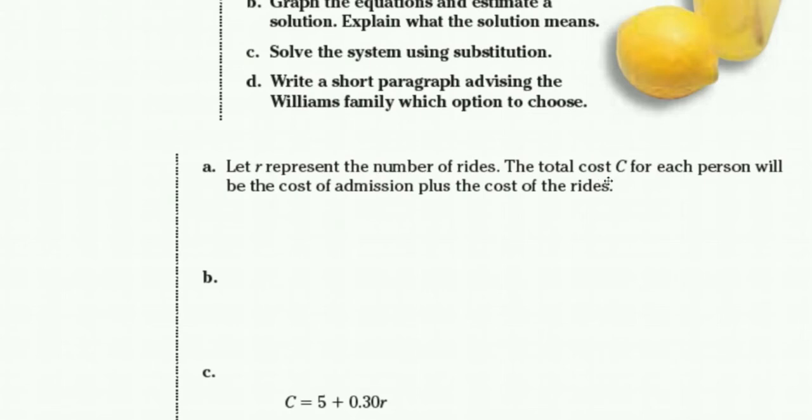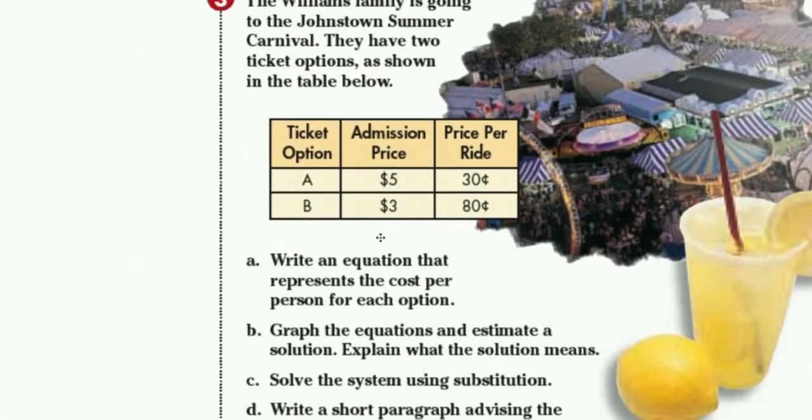This is very logical. That is the total cost. If we follow this, we end up with C equals 5 plus 0.3R.